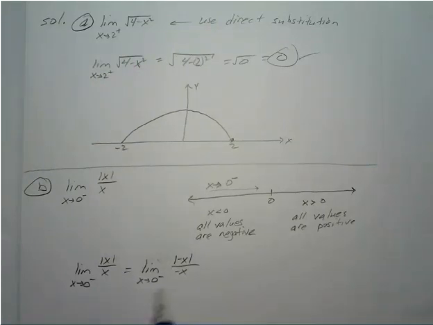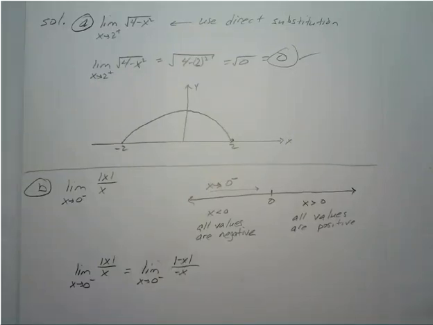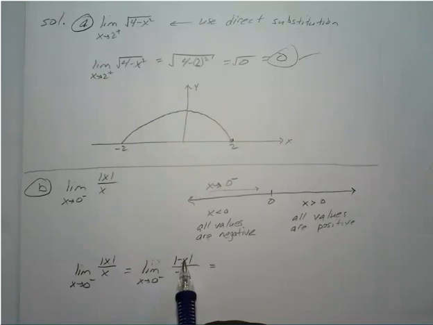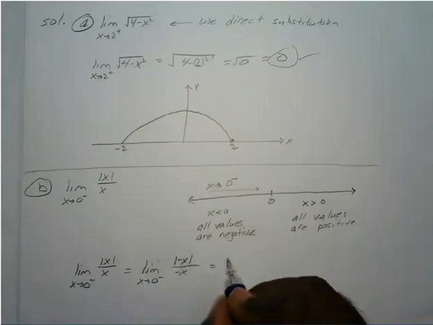Now the reason I said that you can take the limit out is because this is actually going to simplify. The absolute value of negative 4 is 4, and the absolute value of negative 8 is positive 8. So the absolute value of negative x is just going to be positive x.